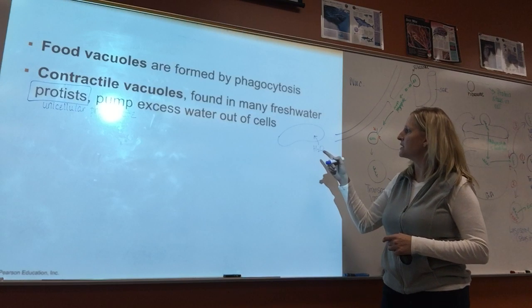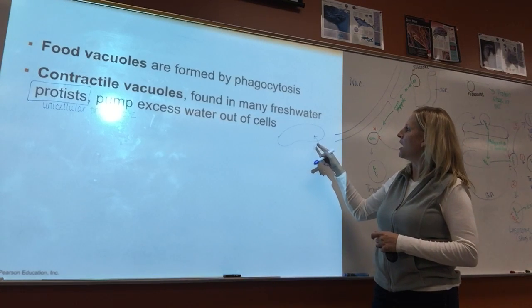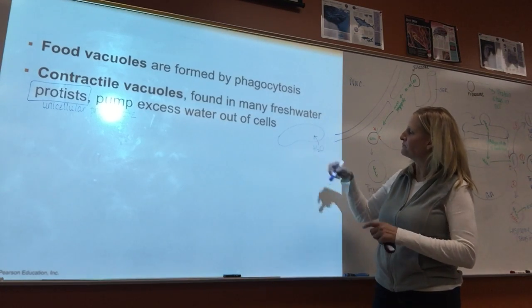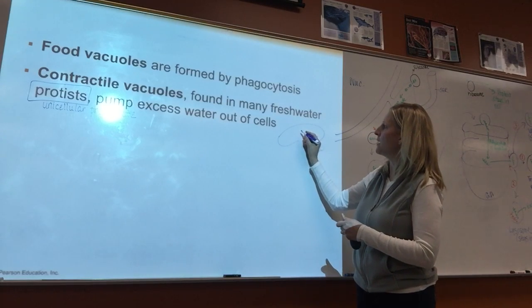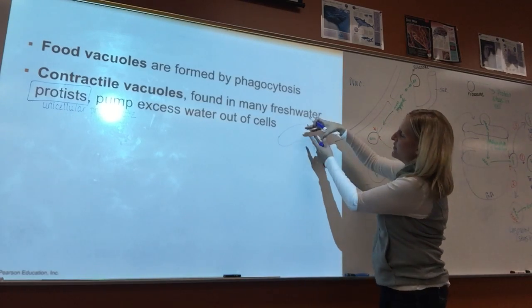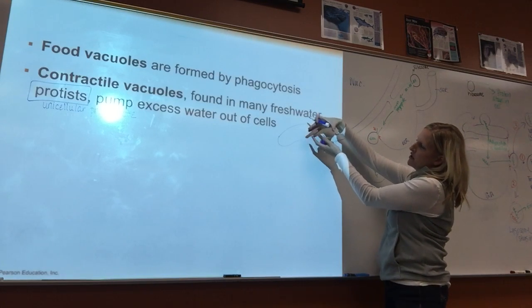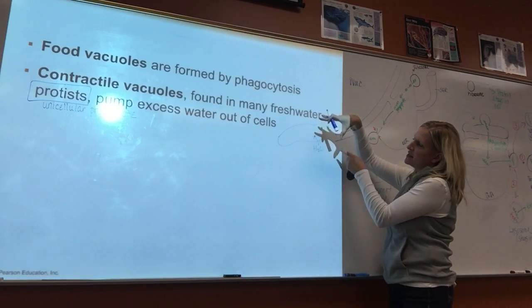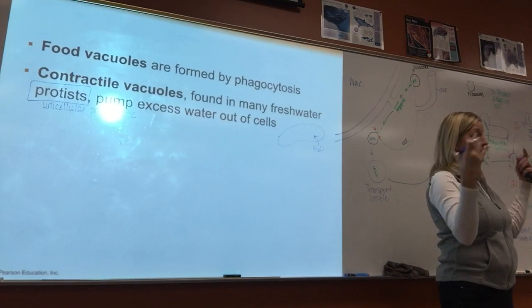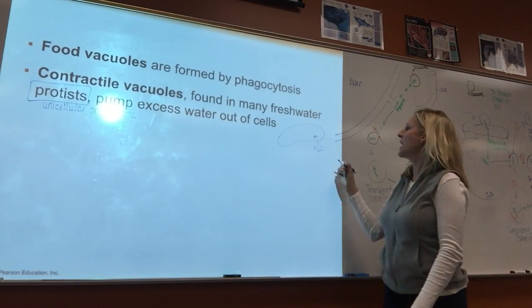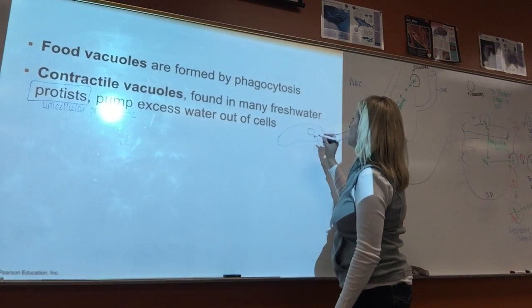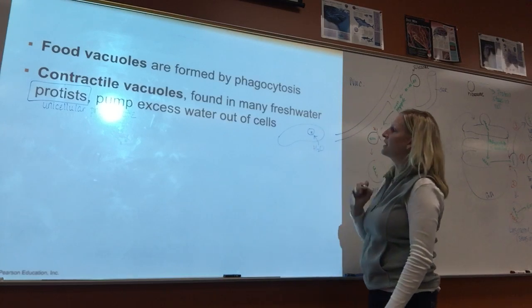When the water goes in and kind of fills up, I'll use the analogy of a water balloon. So it kind of fills up. What happens is it runs the risk of exploding because too much water goes in. So there's this what's called a contractile vacuole that collects the water.